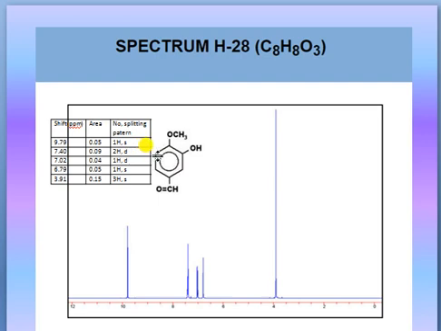So this one singlet, this one singlet, this one doublet, and this one singlet. The OH will be a singlet. Sometimes it comes broad, sometimes it does not come at all, and sometimes the OH merges with another peak or is not shown. So this is the solution of the problem. Okay, thank you very much.